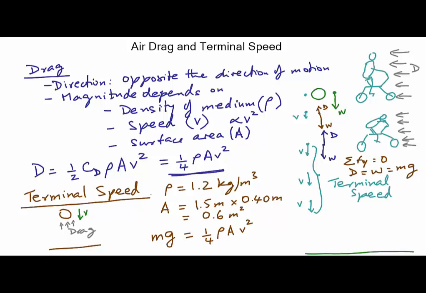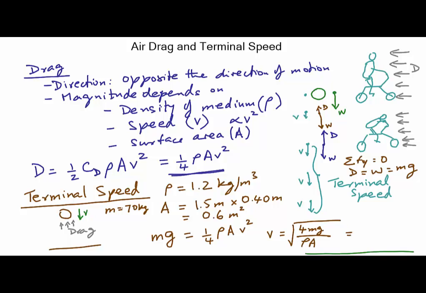And let's say this person has a mass of 70 kilograms. Now rearranging this equation, I can get v as the square root of 4 mg over rho A.